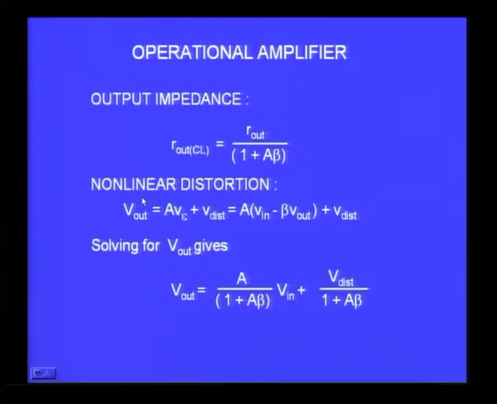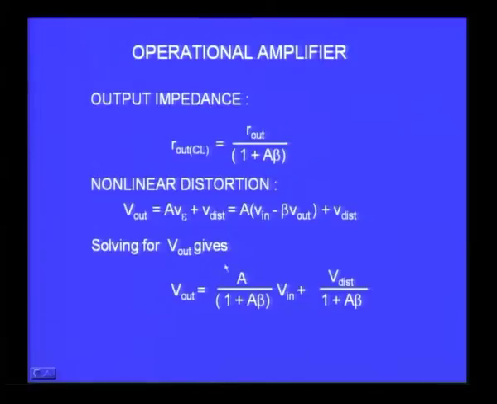The nonlinear distortions are there due to non-ideal conditions of the operational amplifier, or any amplifier for that matter. So, every amplifier will have some contribution to this. So, V output is A times V epsilon, which is actual output gain, plus some unwanted distortion that has come about due to the amplifier.